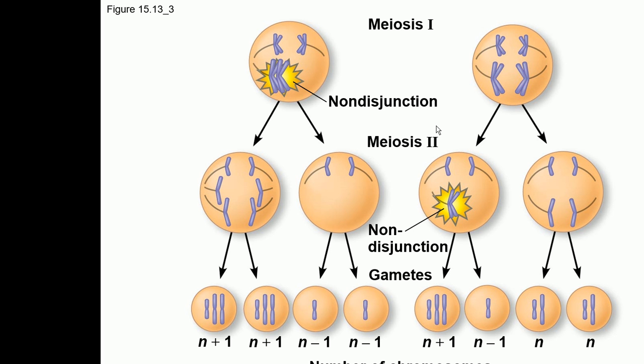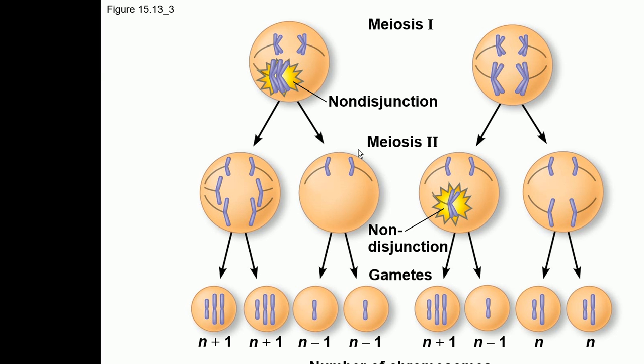Now suppose non-disjunction is not taking place in meiosis 1 but rather in meiosis 2. After meiosis 1, the two cells which are formed will have two chromosomes, and the chromosomes will be duplicated. Now if non-disjunction takes place at this point, then what is going to happen? From this cell, the two cells which will be formed will have two chromosomes, which is normal.